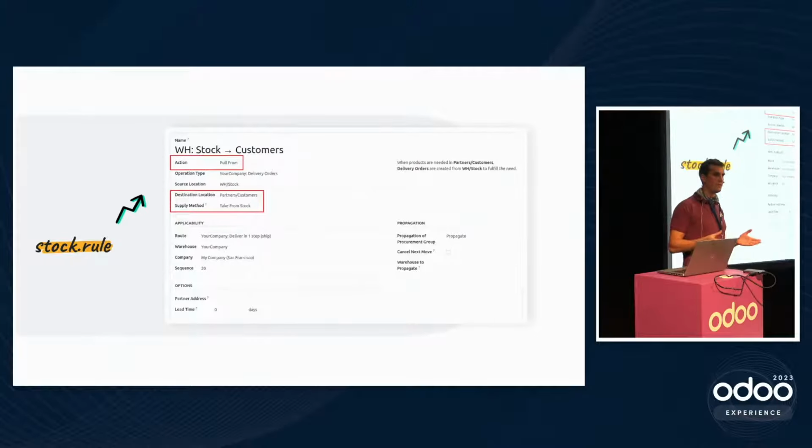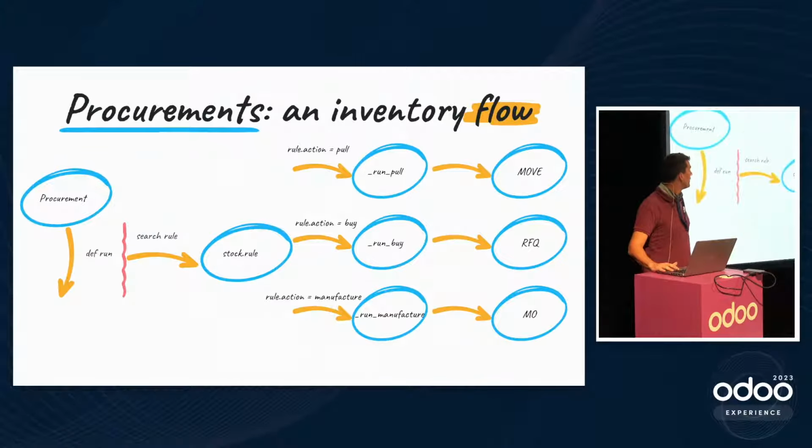For example, if your product comes from a big container and boat, it will follow another path than the classical product that comes by truck. It's the same for category.